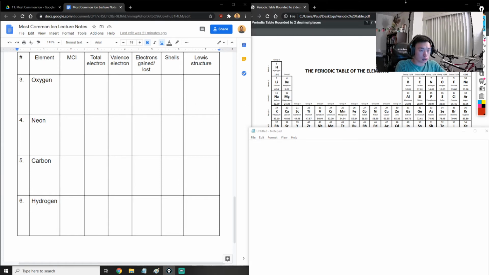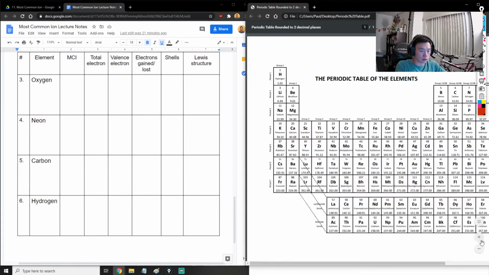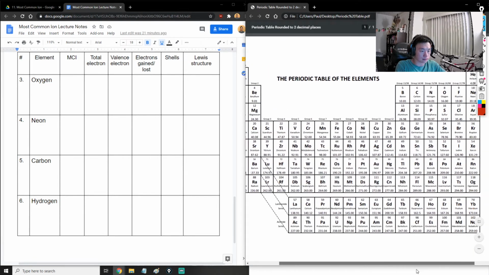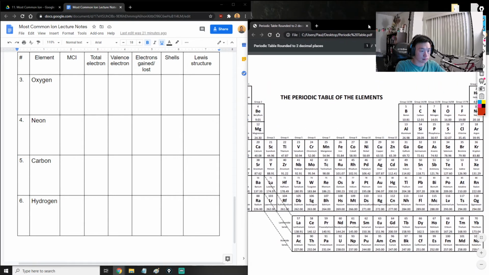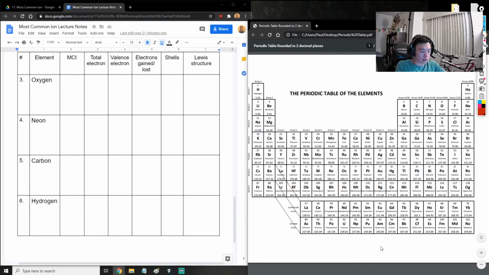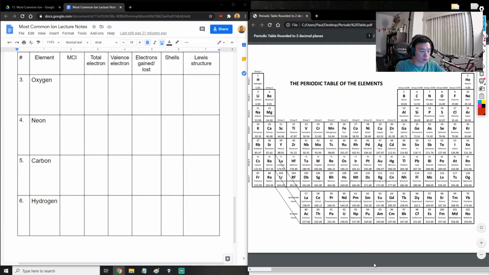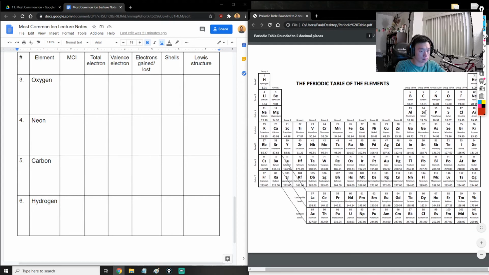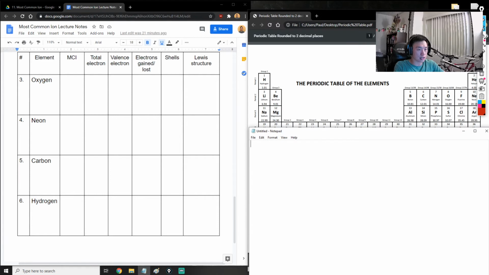So if we take a look at oxygen on the periodic table, let me zoom in a little bit. Okay, so oxygen is on the second row of the periodic table. Oxygen is right here. So in order to figure out oxygen's MCI, basically we need to figure out, is it going to want to gain or is it going to want to lose?